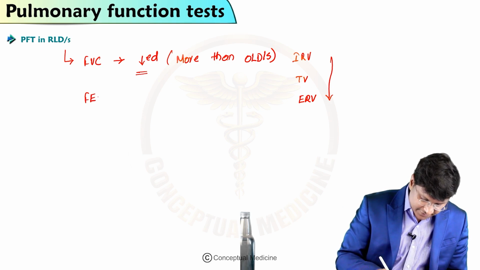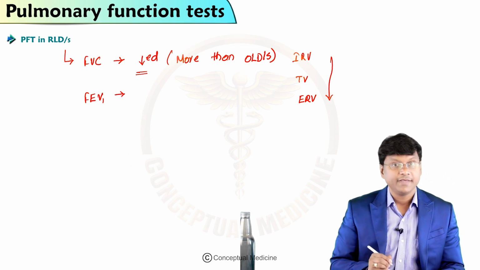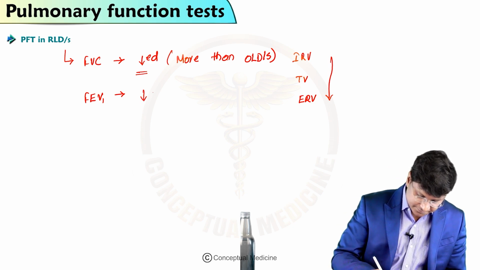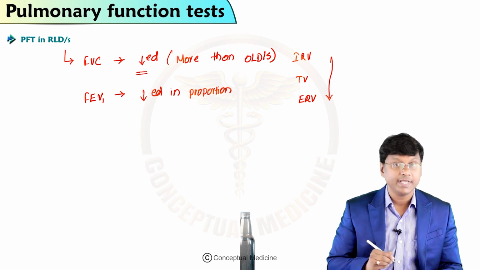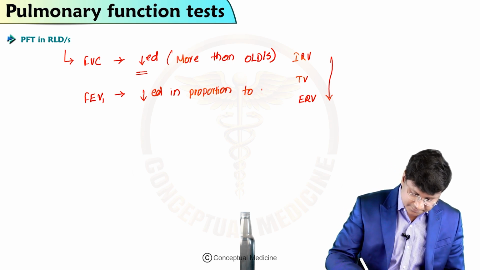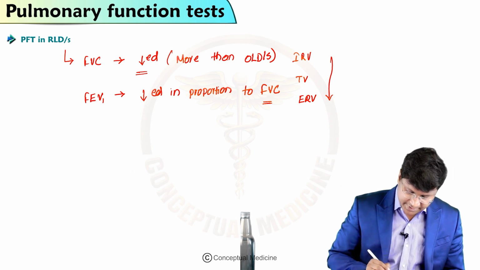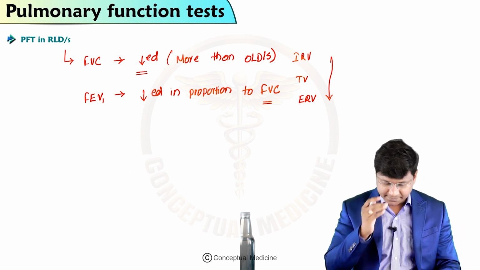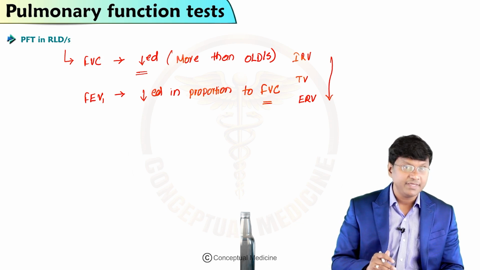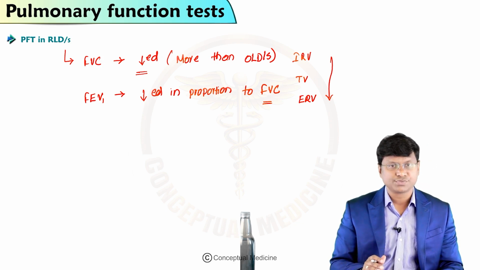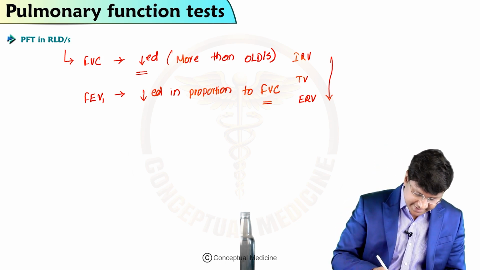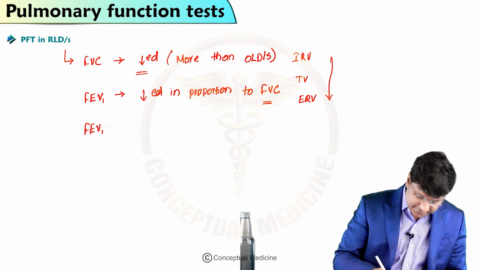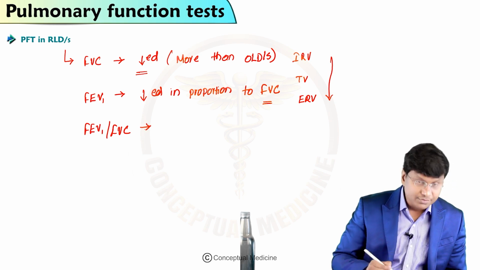Then if you see FEV₁, it is decreased in proportion to FVC, right? It is decreased in proportion to forced vital capacity. So your FEV1 and FVC both are reduced, and both of them are reduced in the same proportion. So that is the reason why, if you take FEV1 by FVC, what will happen to the ratio?